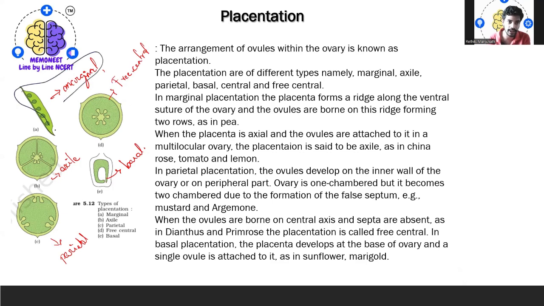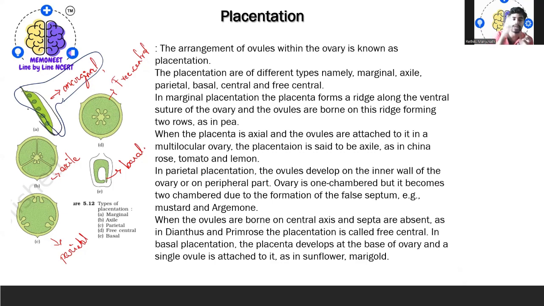In marginal placentation, the placenta forms a ridge along the ventral suture of the ovary, and the ovules are borne on this ridge, forming two rows, as in the pea plant. So you can see in the pea plant how they are.